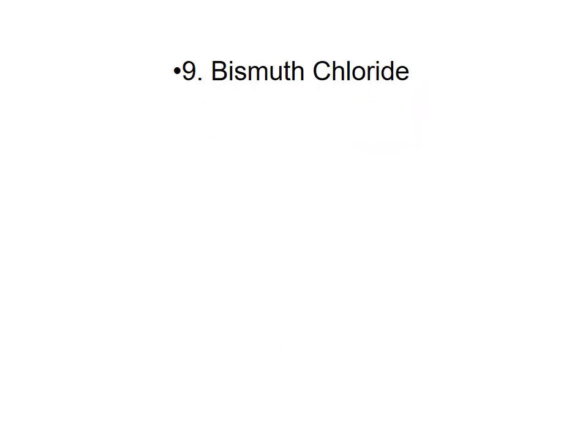Number 9, we have bismuth chloride. So the symbol for bismuth is Bi. It's going to be plus, what is it? I have to look this one up myself. It would be +3. The "ide" ending, I think I said carbonate, but it's chloride, so that means we have an element.